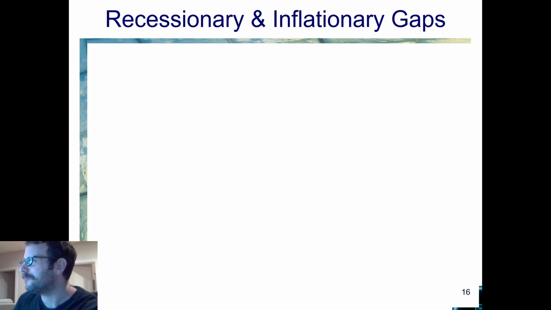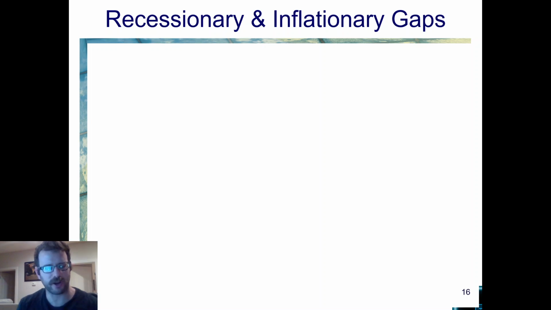At any rate, we had been talking prior to the midterm about the concepts of a recessionary and an inflationary gap, where a recessionary gap was essentially when your equilibrium GDP on the demand side, the intersection between the 45-degree line and your aggregate expenditure line, was lower than your potential GDP, and an inflationary gap when it's higher than your potential GDP.